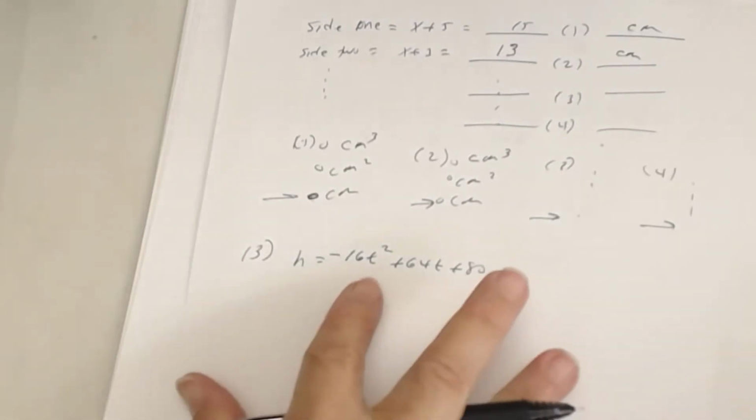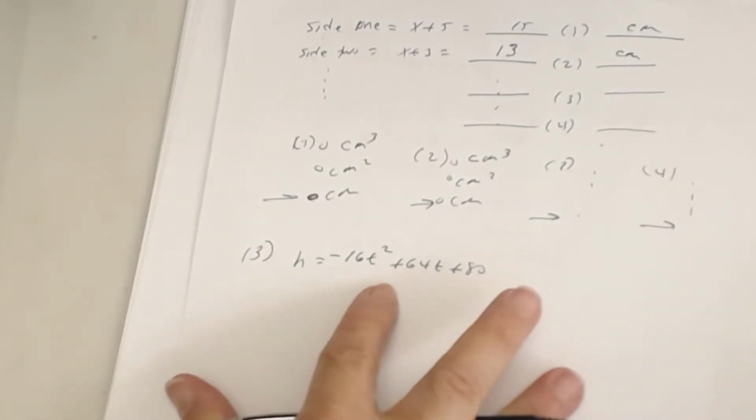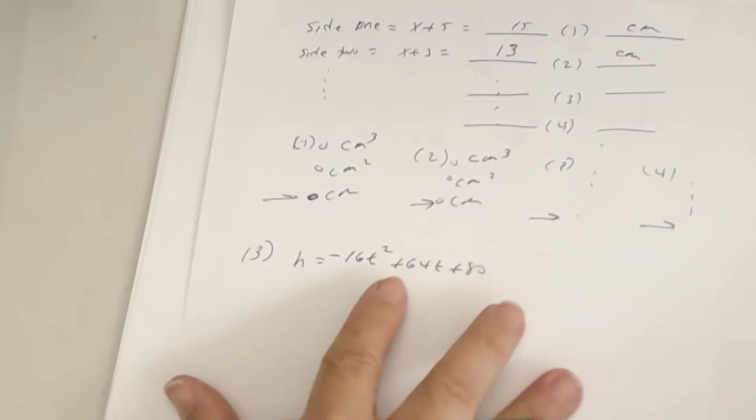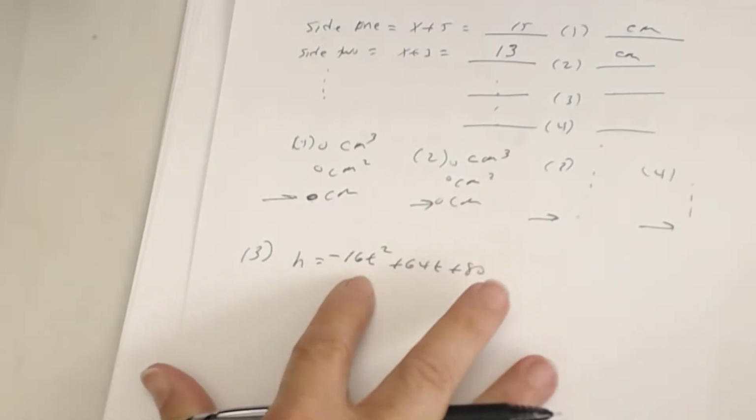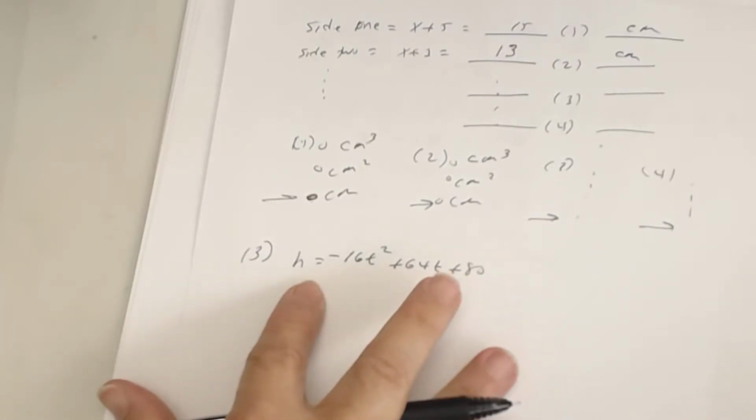Now, what kind of function is this? Quadratic. All you've dealt with so far is linear and quadratic. You know this is quadratic because of the t squared. And the question is, when will the object hit the ground? Well, remember, what does h represent? Height. The height where?